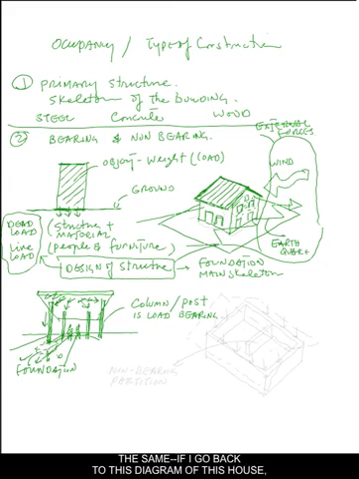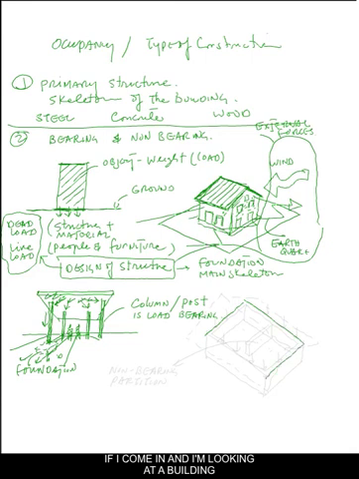The same if I go back to this diagram of this house. These walls on the outside that are carrying the load of the roof down to the ground are load bearing. If I come in and I'm looking at a building or inside of a space, let's say with a bird's eye view. So here's a bird's eye view of the inside of a space, and I've taken the roof off of it.